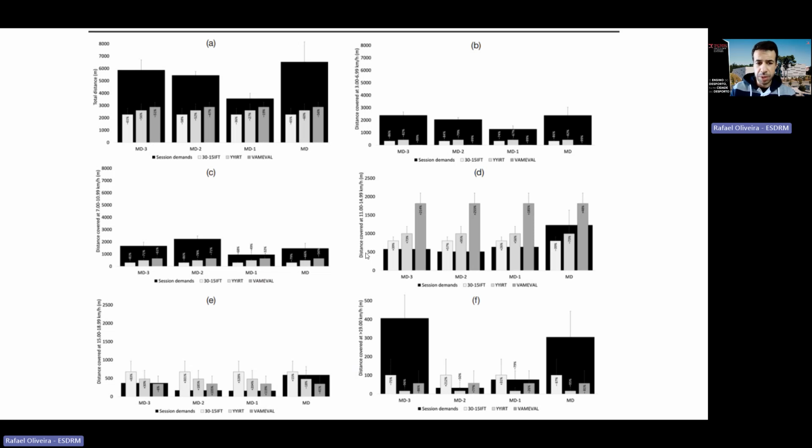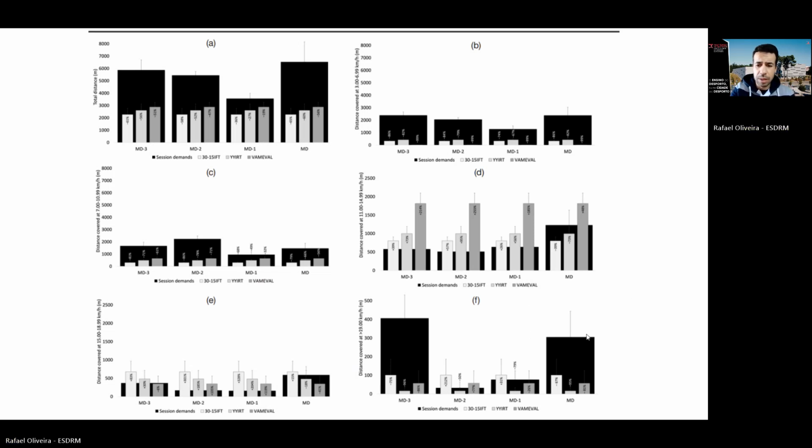For you to understand what this figure is showing, just consider the following. The black bars represent the session load, while the specific bars represent each one of these tests that I talked about. As you can see, at running speeds only between 11 and 19 kilometers an hour, these tests were higher than the normal session, and they were also equivalent to a match.